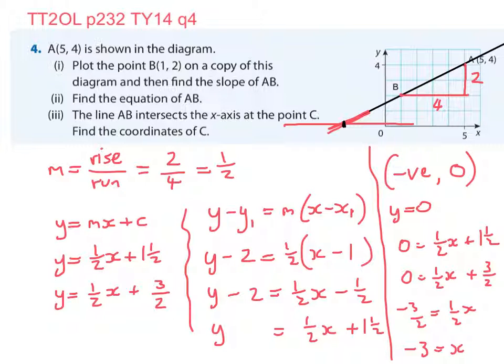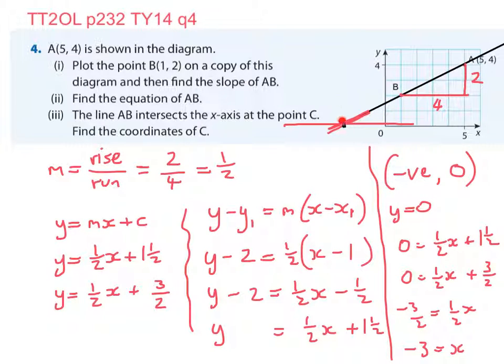Which just seems reasonable because we were expecting a negative value. If you think of that distance there as 3, in the other direction, minus 3 seems like a reasonable answer. You could even go back to basics and think, if you're going along 4 and up 2 from left to right, you could go in the other direction, along 4 backwards and down 2.